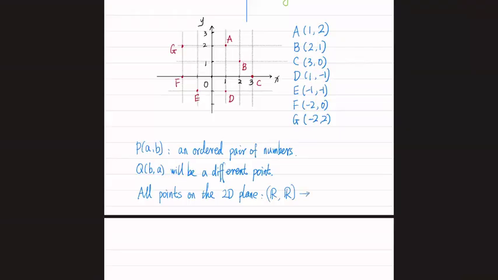We use the short notation R squared. Be careful of this square: if it's a number, it means square, but if it's a space, this is the two-dimensional space, not a square. So here it means two-dimensional.